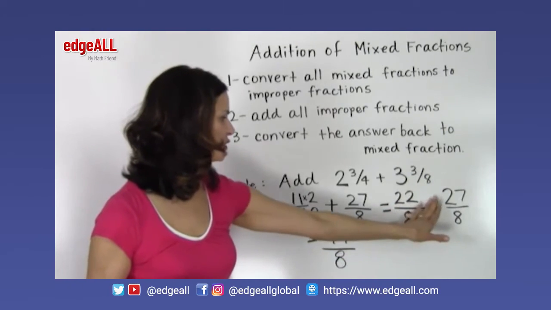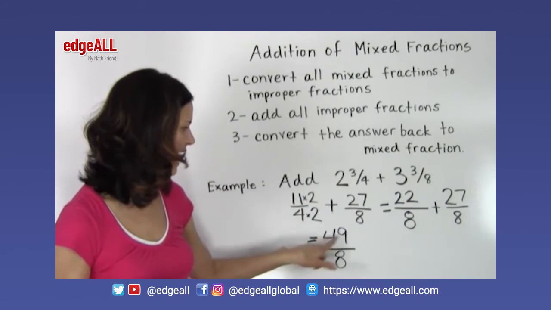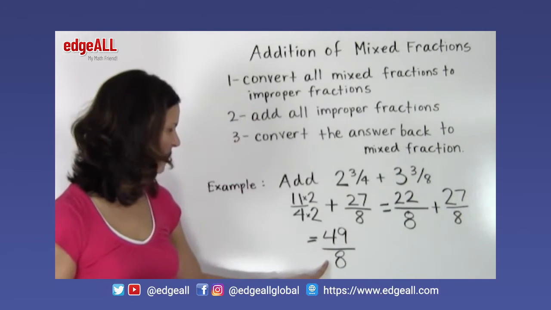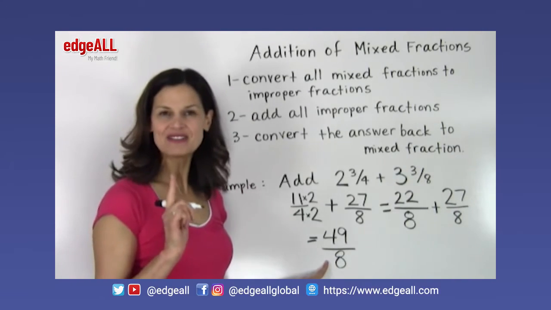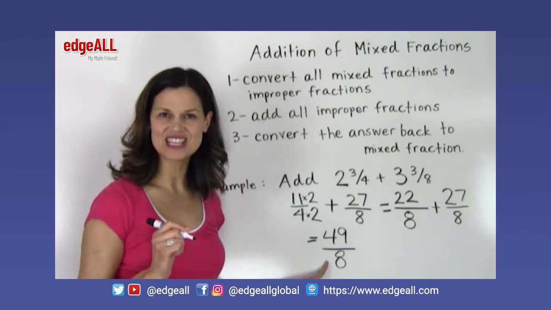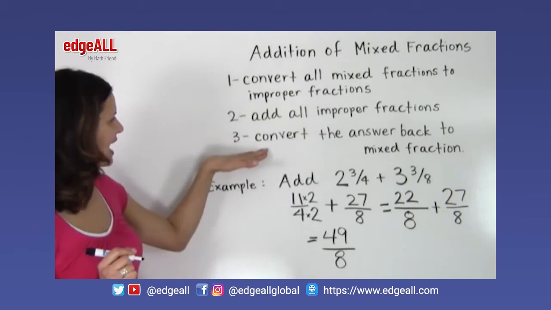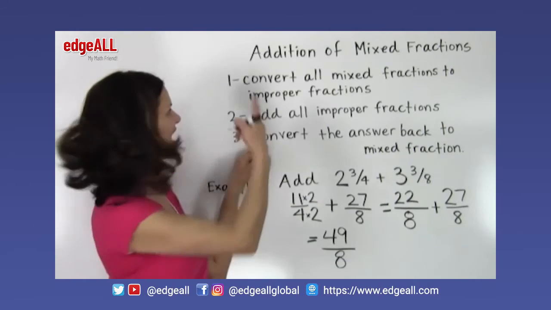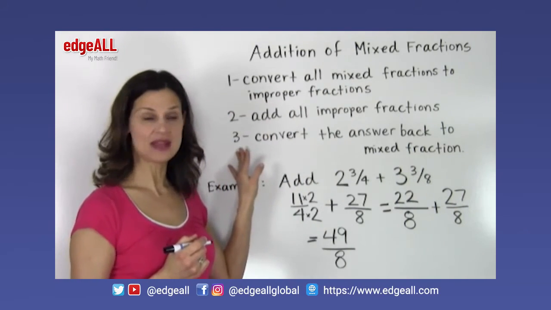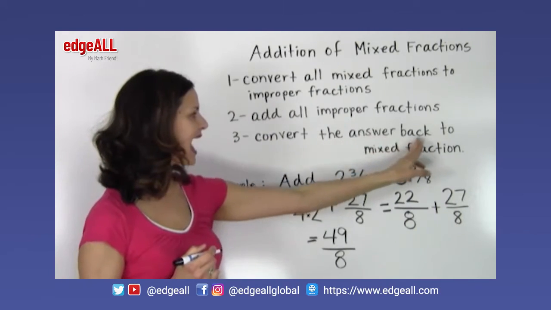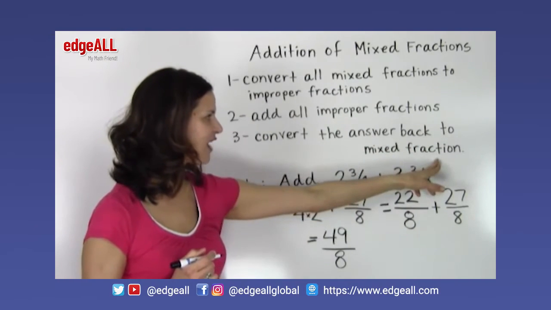So 22 plus 27 equals 49, and I keep it 49 eighths. Now I'm not quite finished yet, even though I have finished the addition. If we look back up to our third step in adding mixed fractions, we can see that our third step is to convert the answer back now to a mixed fraction.